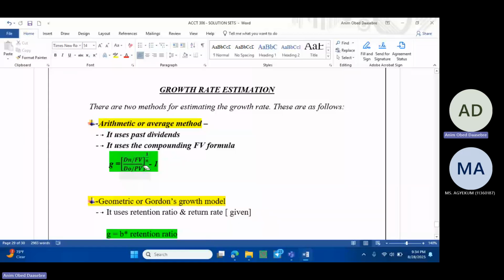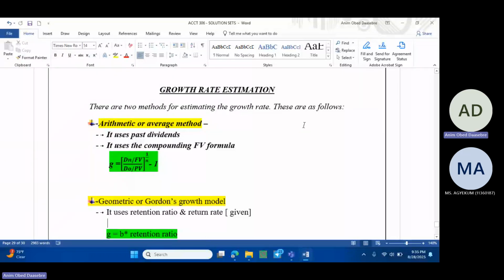And your 1 over n is the number of years. So you do 1 divided by maybe 2 years or 5 years. The 5 will be the number of years. The whole expression minus 1. When you do that, you get your growth rate.